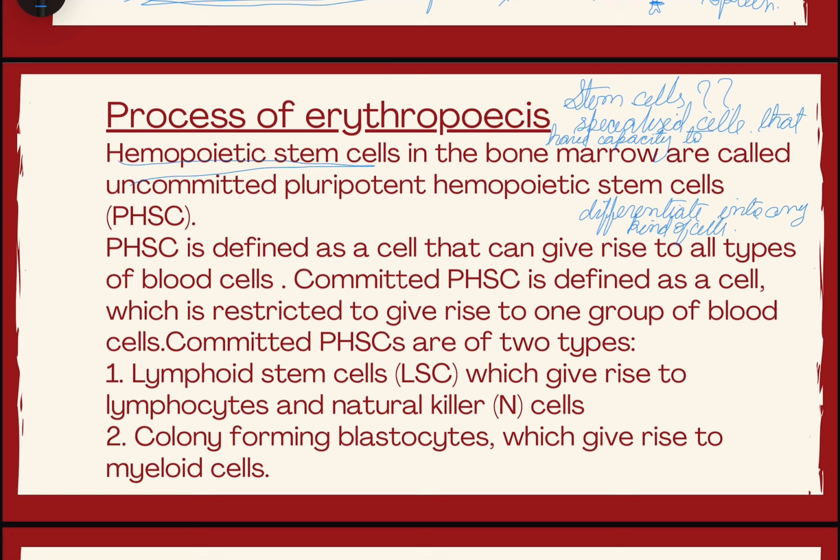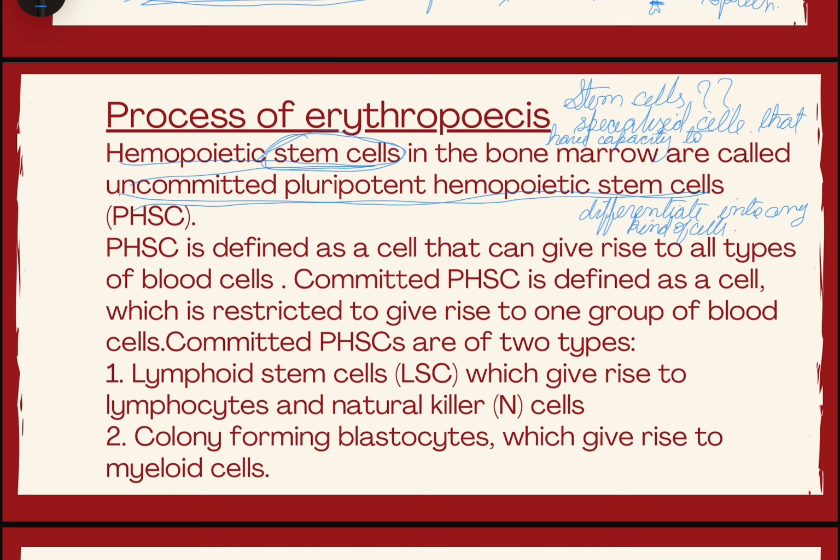As of now, just understand that in the bone marrow there are specialized cells known as stem cells, and these are capable of giving rise to erythrocytes along with leukocytes and others. Another term is uncommitted pluripotent hemopoietic stem cells. Why?